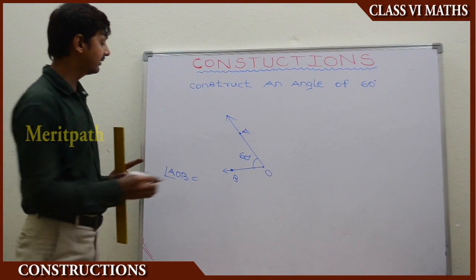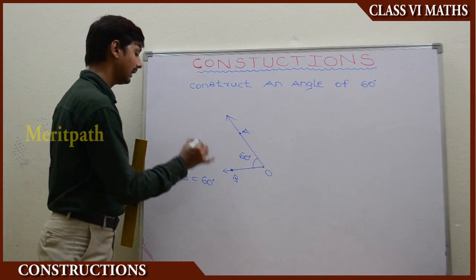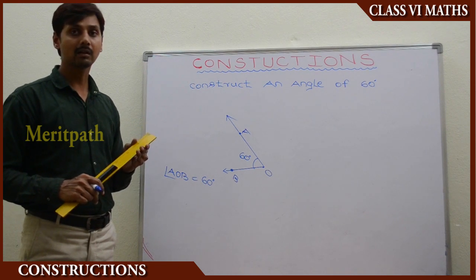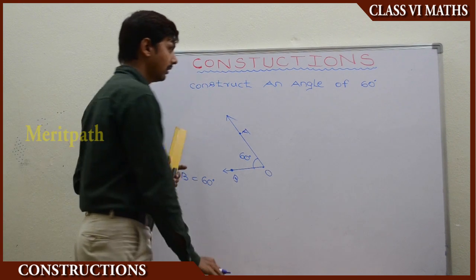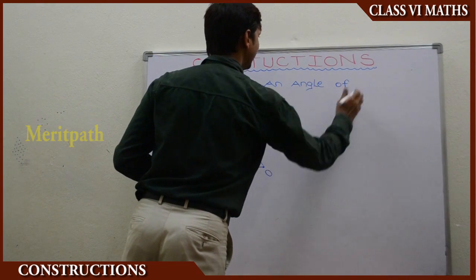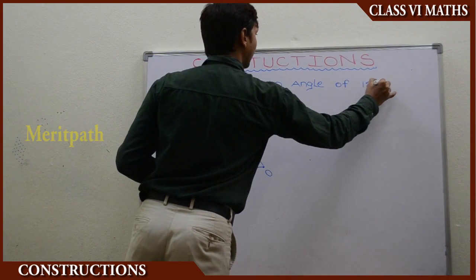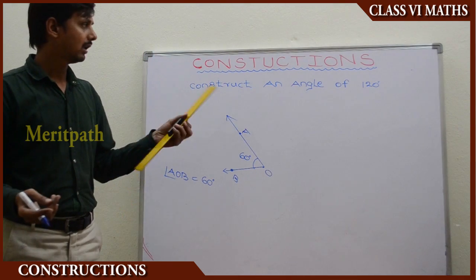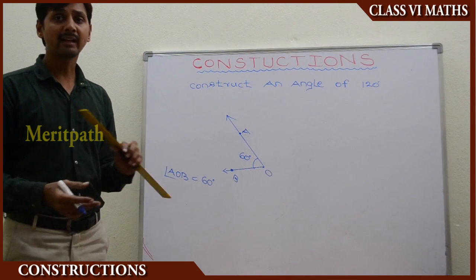So this is a 60 degrees angle. Angle AOB is 60 degrees. This is the process to construct an angle. So let's take another angle, 120 degrees, an obtuse angle. You know we have learned different types of angles. These are acute angles we have drawn.